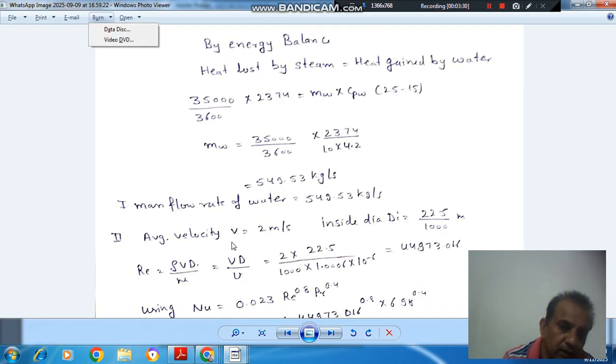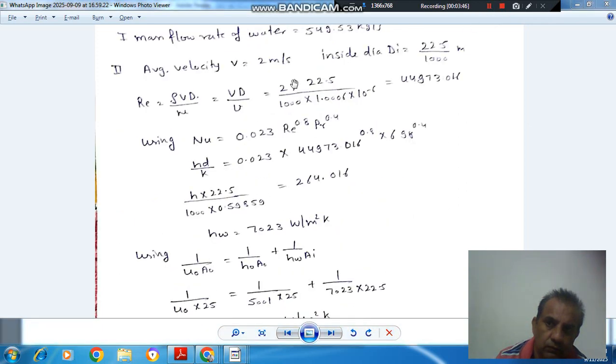Now it is given that the average velocity of the water is 2 meter per second and inside diameter of the pipe is 22.5 mm or 22.5 by 1000 meter. From this inside diameter we can find out Reynolds number because velocity is known, diameter is known and kinematic viscosity is known. So that comes as 44973.016.